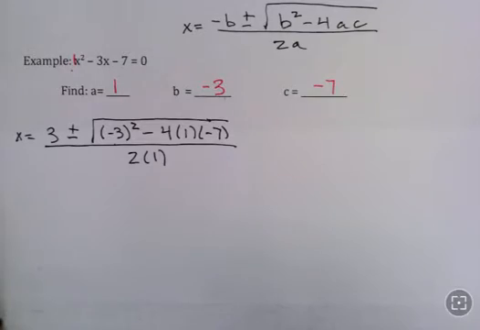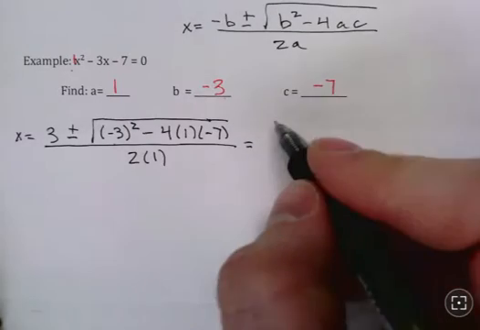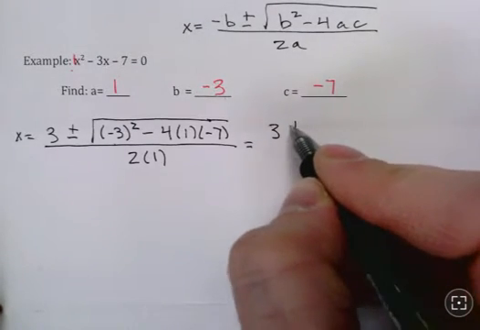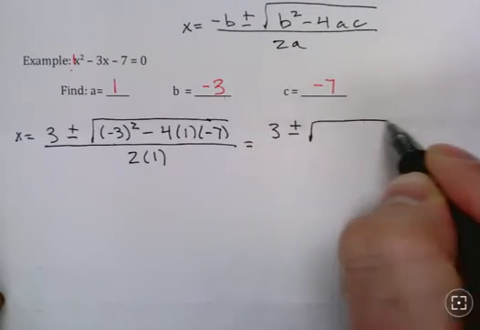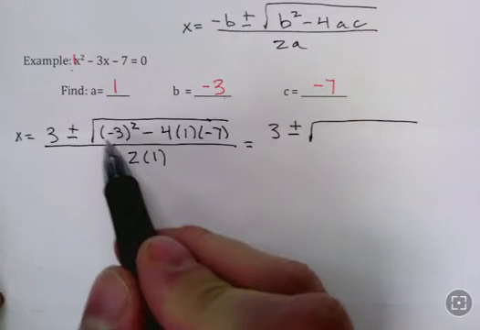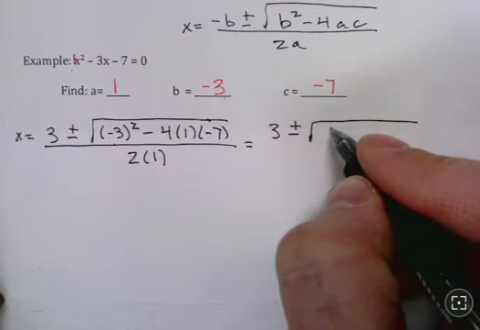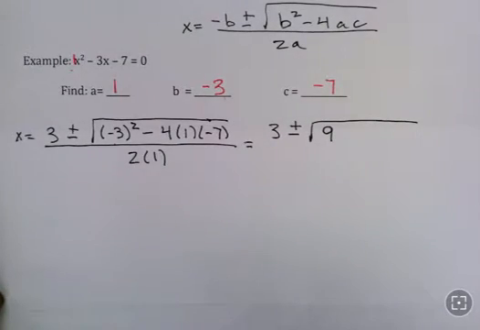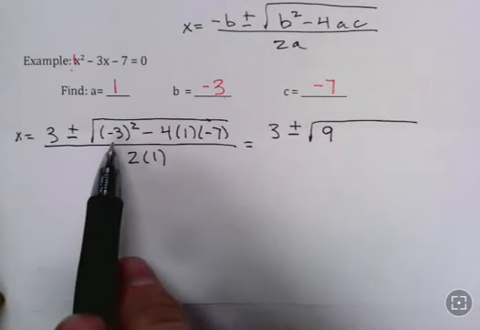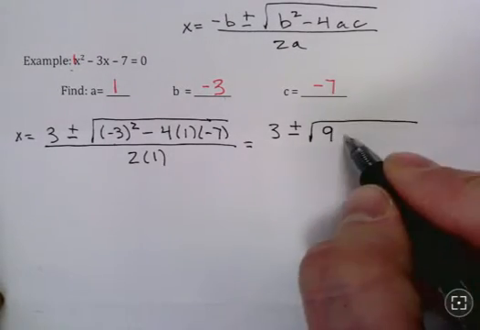So our work now is to simplify this, mainly the inside part of that square root. That's where the bulk of our work is. So 3 plus or minus the square root of negative 3 squared. Why I use parentheses here is because this is a negative 3 times a negative 3. Make sure you get a positive 9 for that. You might use your calculator and plug in negative 3 squared and get a negative 9, but it's got to be positive because you're squaring it.